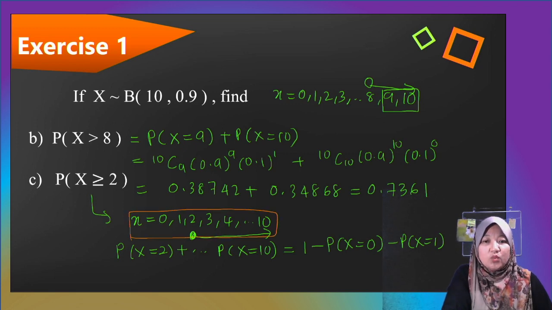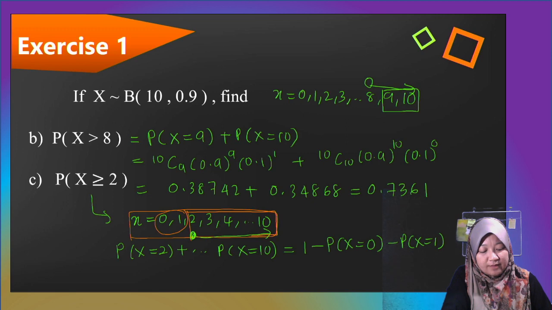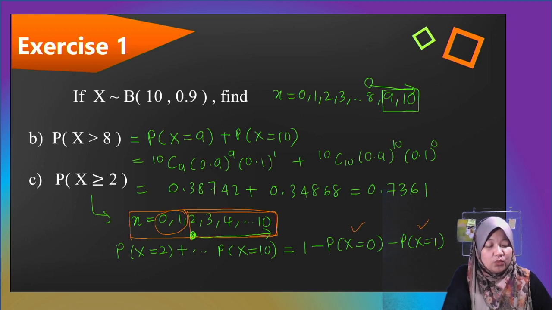So, we consider 1, the whole probability, minus this part, 0 and 1. So, we can get this area.